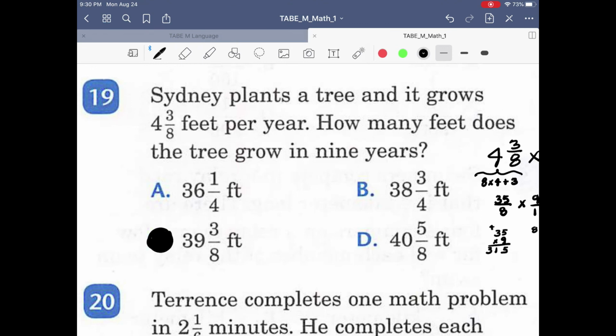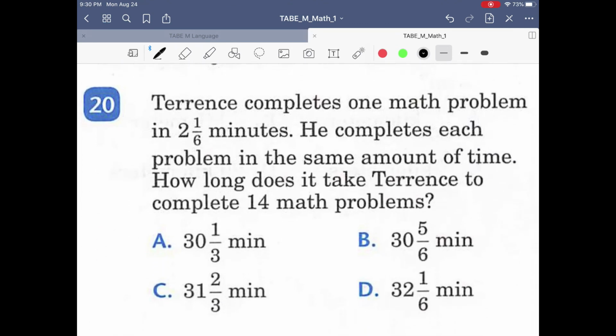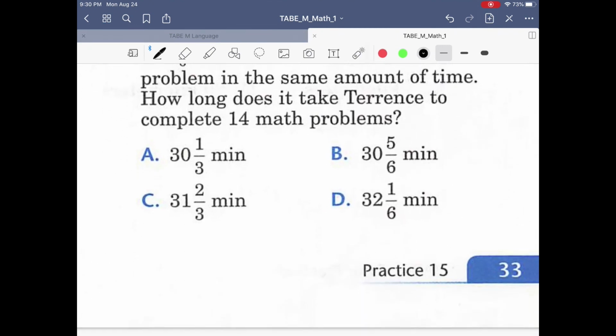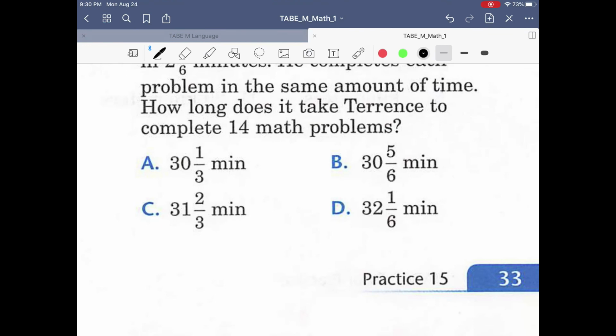And finally, number 20. Terrence completes one math problem in 2 1/6 minutes. He completes each problem in the same amount of time. So how long does it take Terrence to complete 14 math problems?